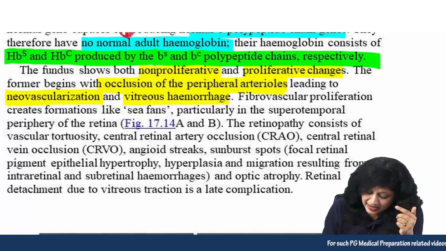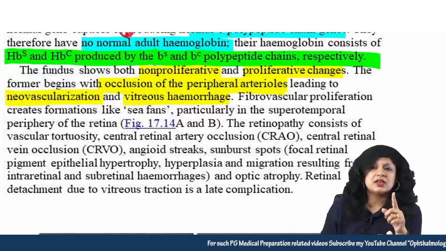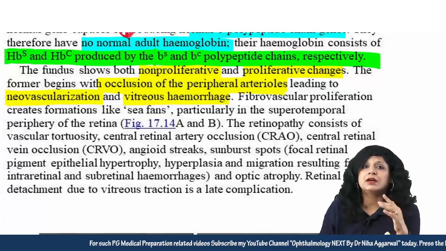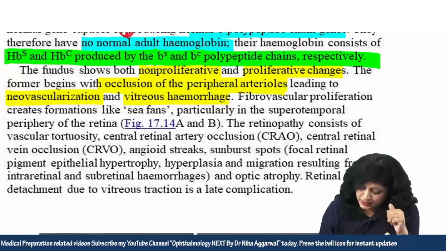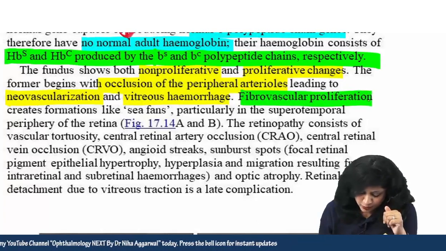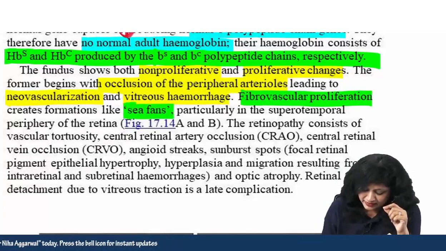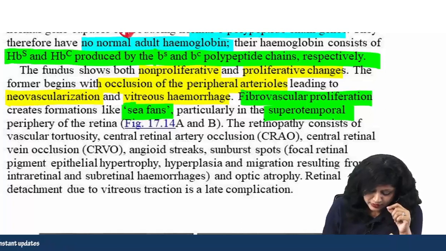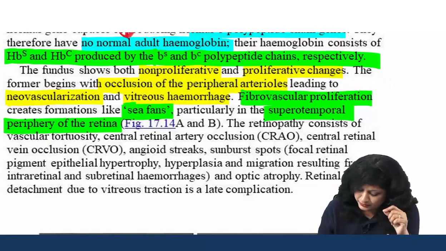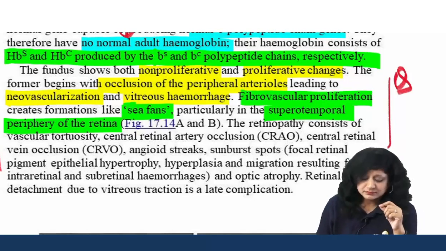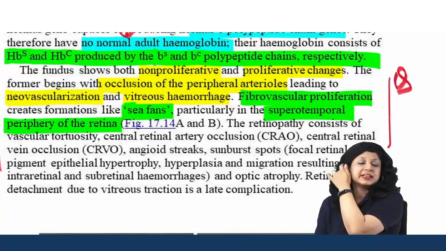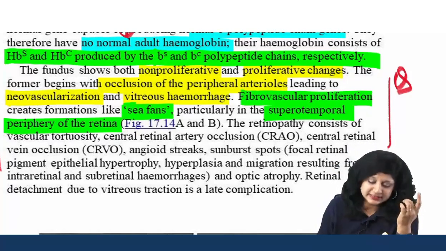Now, a very important thing which was asked about two to three years back in the AIIMS paper: we have a fibrovascular proliferation creating a sea fan, particularly in the supratemporal periphery of the retina. So if they ask you about a sea fan kind of retinopathy, then certainly you know they are talking about sickle cell C variant.